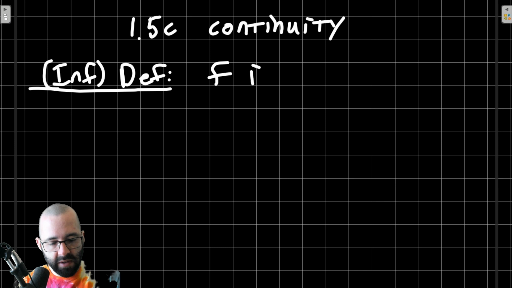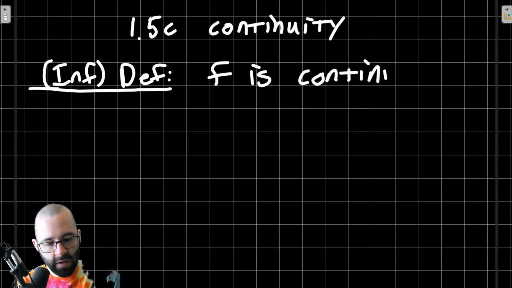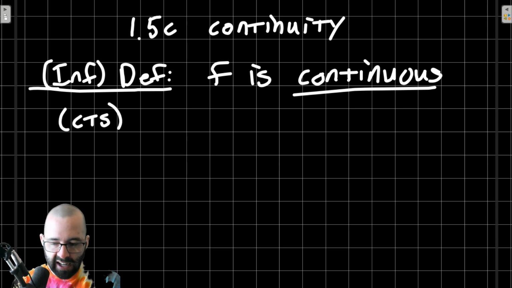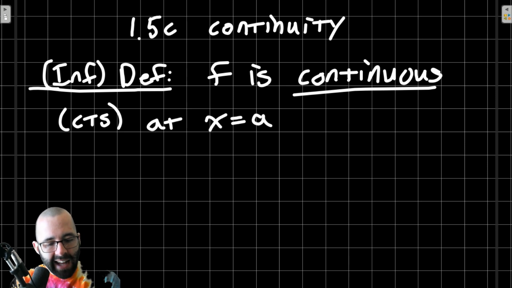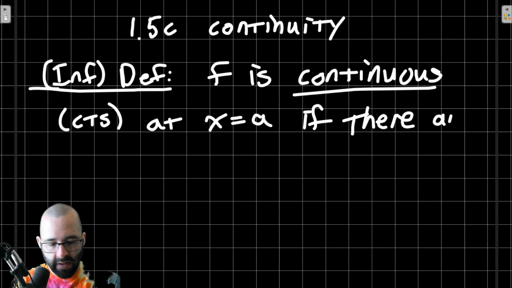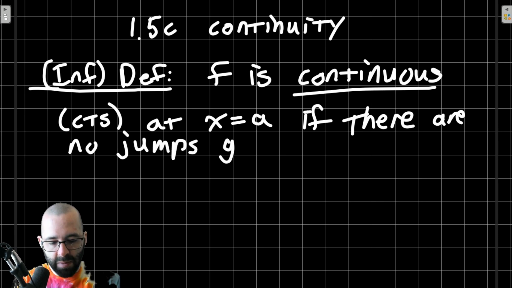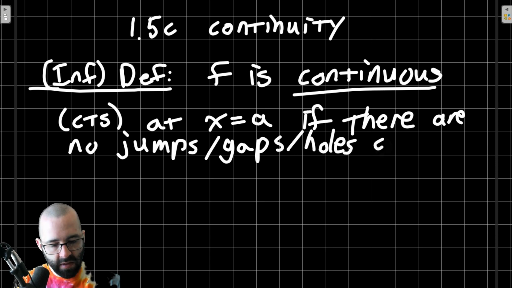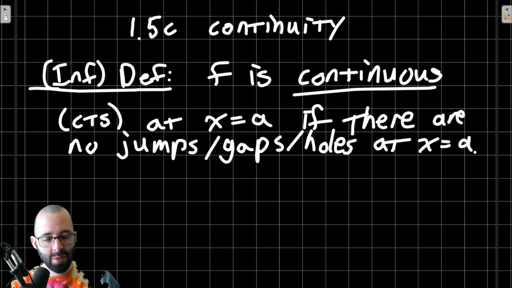F is continuous, and a lot of times I'm going to abbreviate continuous as just CTS, at a point, just like differentiability, we're going to talk about at a specific point, if there are no jumps or gaps or holes at x equals a.